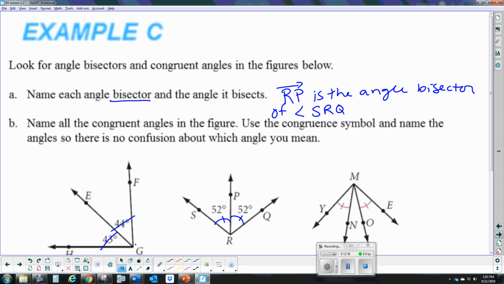Or you could also say RP is the angle bisector of angle QRS, as long as R is in the middle of your name.